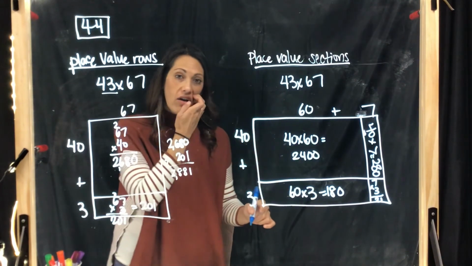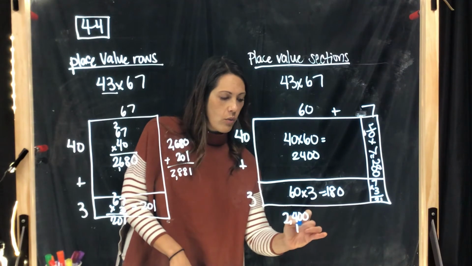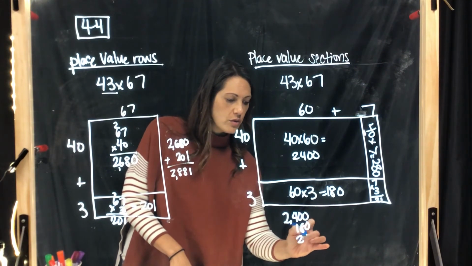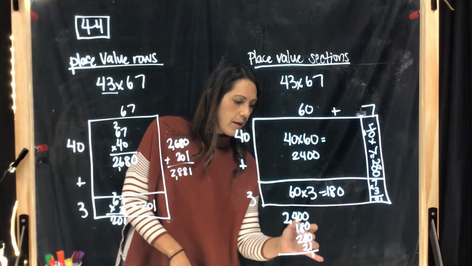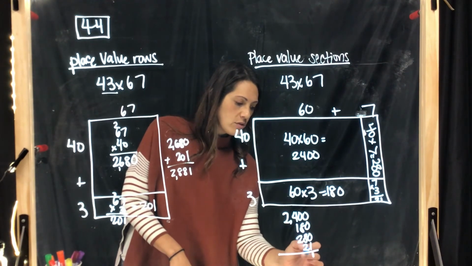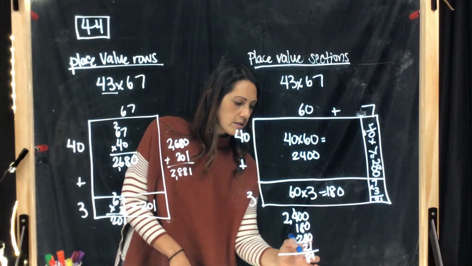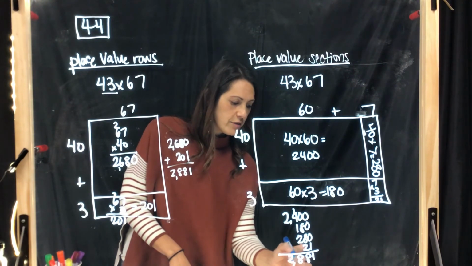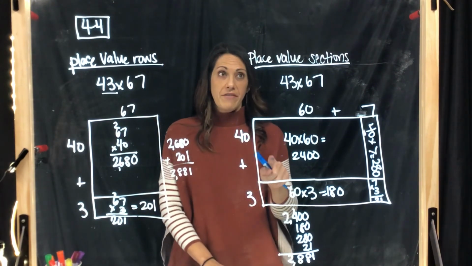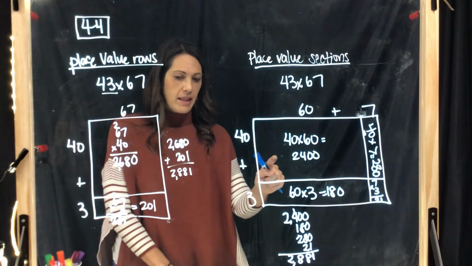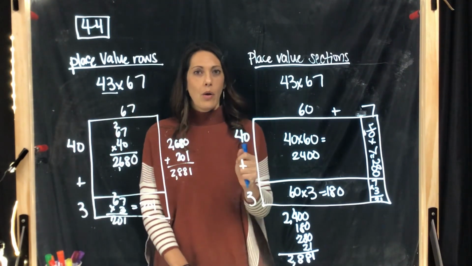I will take all of those numbers, 2,400, 180, 280, 21, and add them all up. 8 plus 8 is 16, 2 more is 18, 4, 5, 6, 7, 8, and 2. So again, we have the same numbers, and I feel like this way you can make a lot fewer mistakes than all 3 of the other ways. However, you can multiply whichever way you feel comfortable.